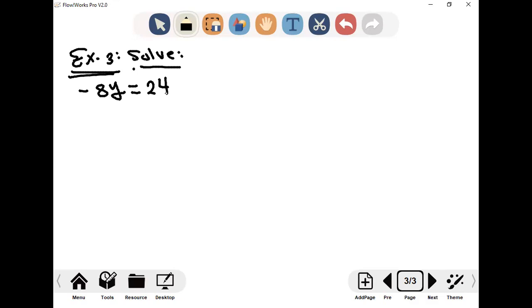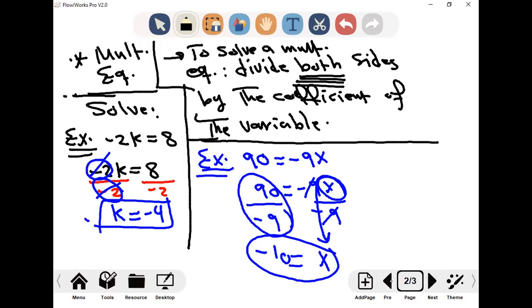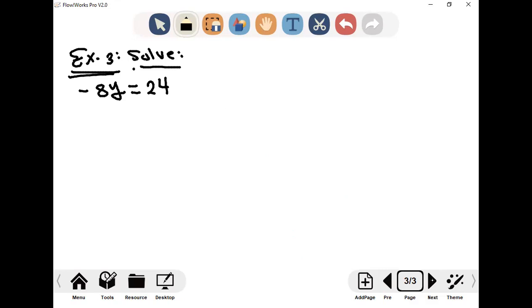What's the coefficient here? -8. The coefficient is what we use to solve this equation. Read the rule: divide both sides by the coefficient of the variable. What's the coefficient of the variable here? What do we do now? Both sides.